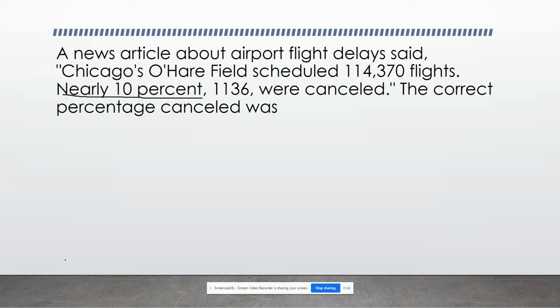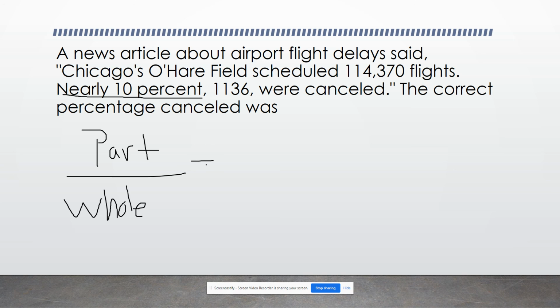Okay, so let's think about what we know. We know that percentage is part over whole. So if percent is part over whole, the part of the flights that were canceled was 1,136, divided by the whole of the flights scheduled, which was 114,000.